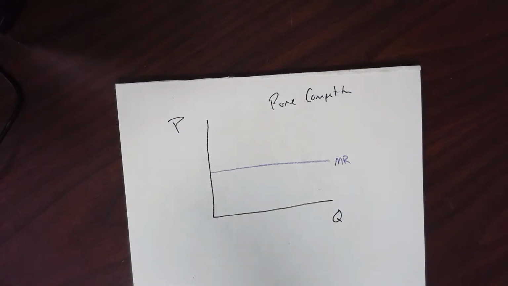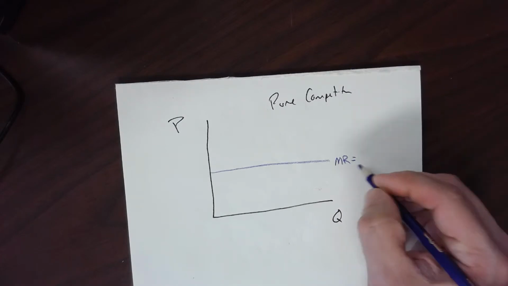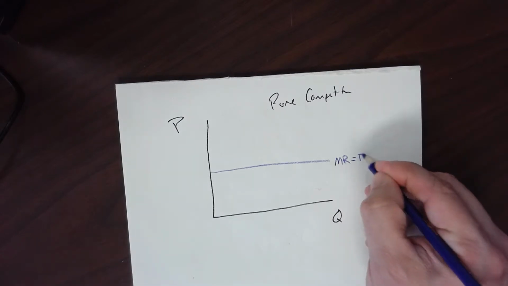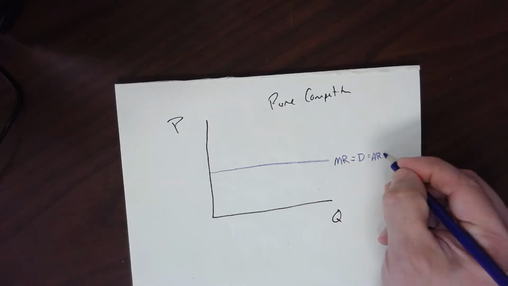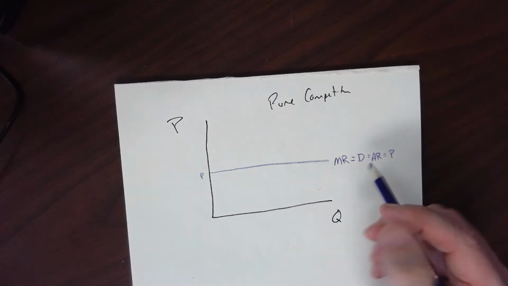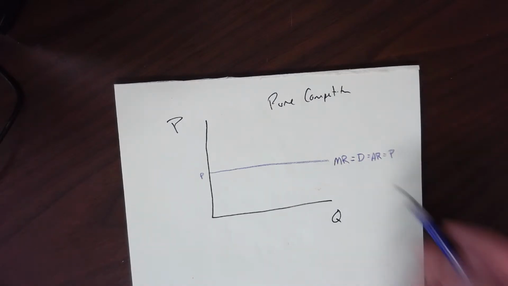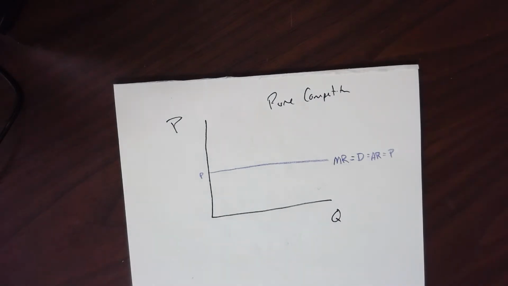All right, perfectly elastic. And therefore, because it's perfectly elastic, marginal revenue is equal to demand, which is also equal to average revenue, which in this case is also equal to price, as you see right here. So I love to refer to this line as Mr. DARP. All right, so first thing you always need to do is draw out your Mr. DARP line.